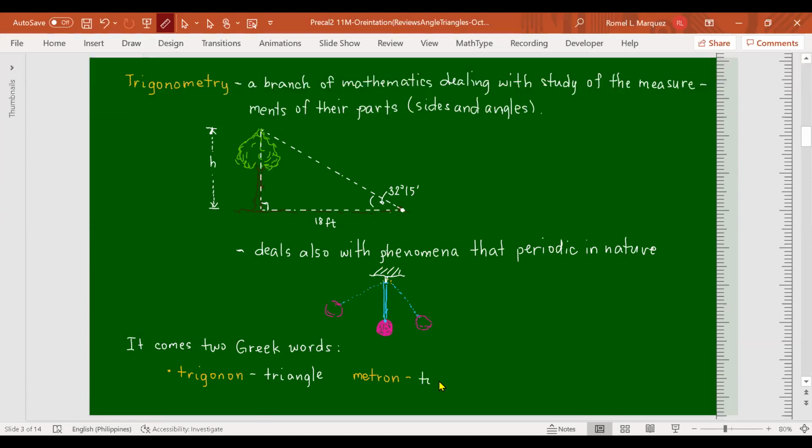And if you use the word metria, we mean measurement. Some books use metria instead of metron. But if you use the word metria, we mean measurement.